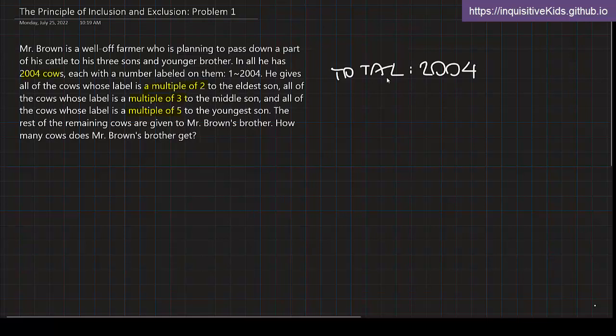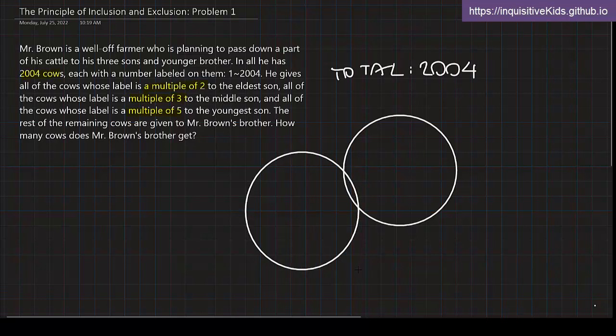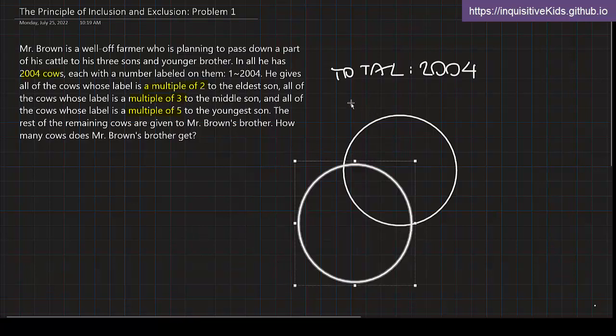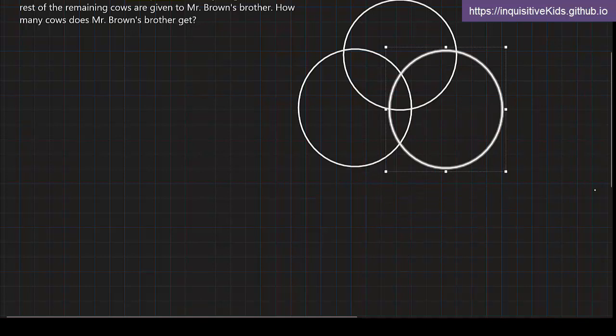Well, the first thing we do is to draw a Venn diagram. So it's usually a few circles. And right now we're drawing 3 circles because there are 3 categories, right? We have multiples of 2s and we have multiples of 3s. And I'm going to arrange them like this. Why?